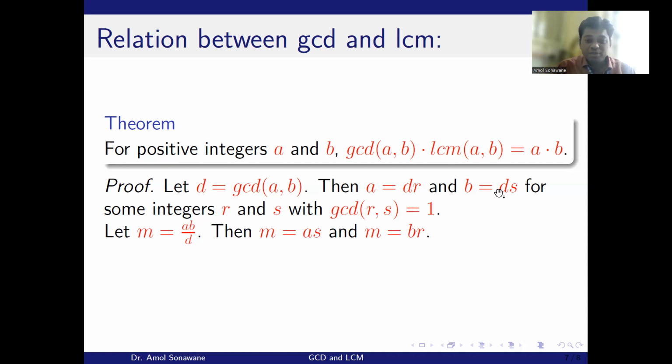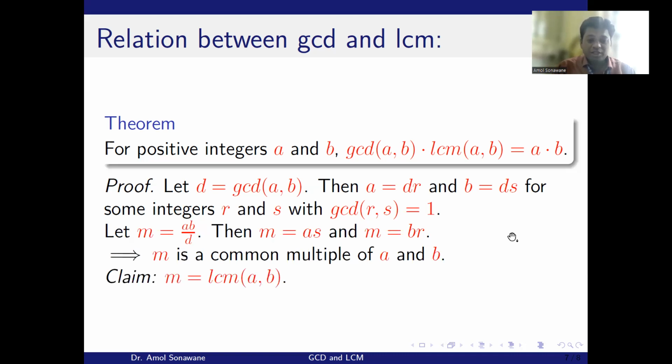If you replace b by d into s, then d cancels and remains a into s, means m is as. Similarly, by replacing a by dr, d cancels and remains r into b, means m is equal to b into r. It follows that m is a common multiple of the given integers a and b.